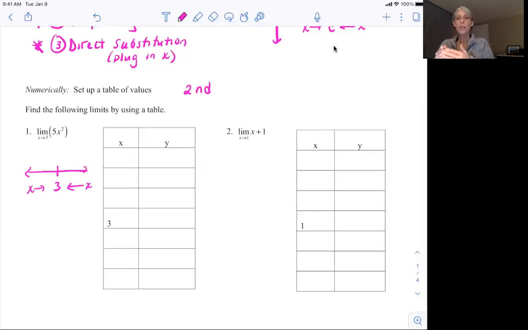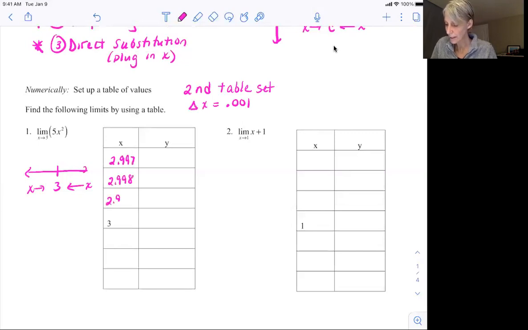Okay, so just to make our life easy, we're going to go into our calculator for a moment and adjust our table. We're going to go into the table set, and we're going to have our delta x be 0.001. What that's going to do for us is our x values are going to look like this.